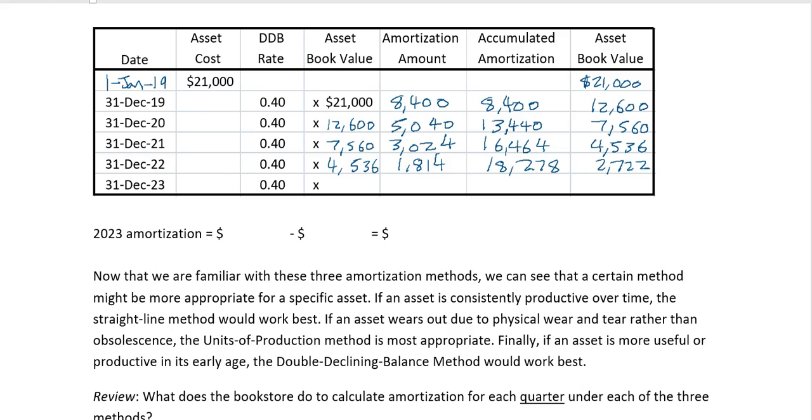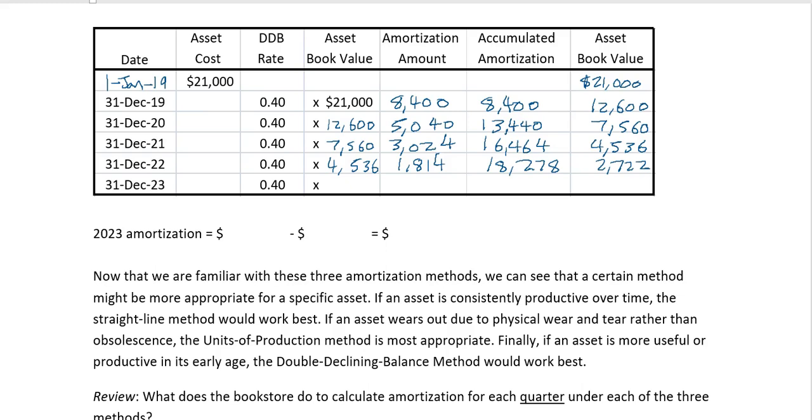Now we've gone ahead and reached the final year of the amortization. And if you do the calculation, you will see that we do not end up with exactly the salvage value. And as I mentioned, that's not expected to happen very often at all.